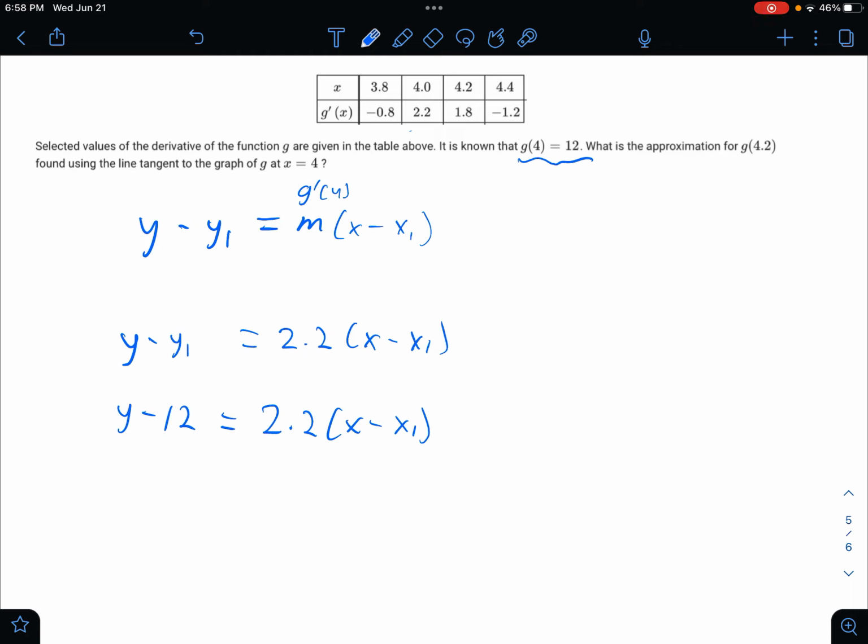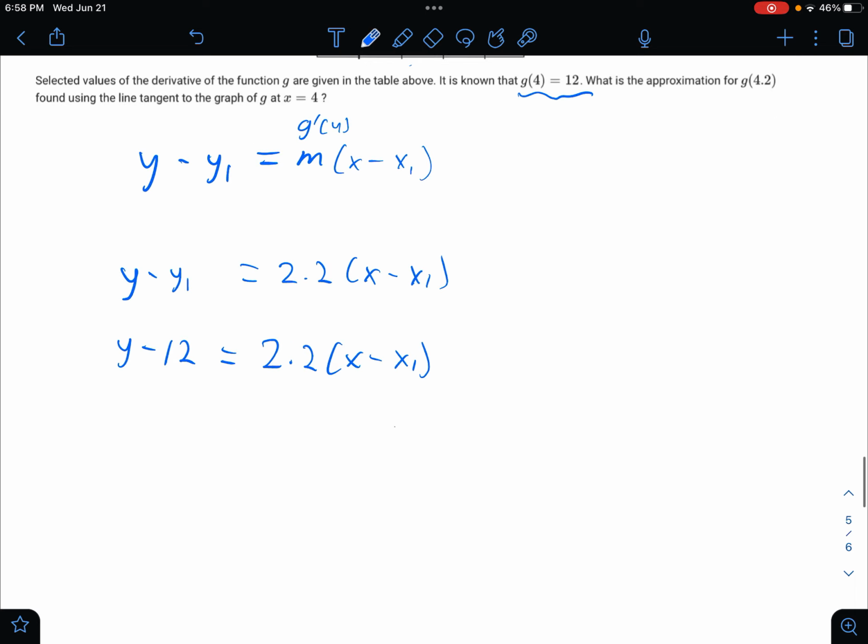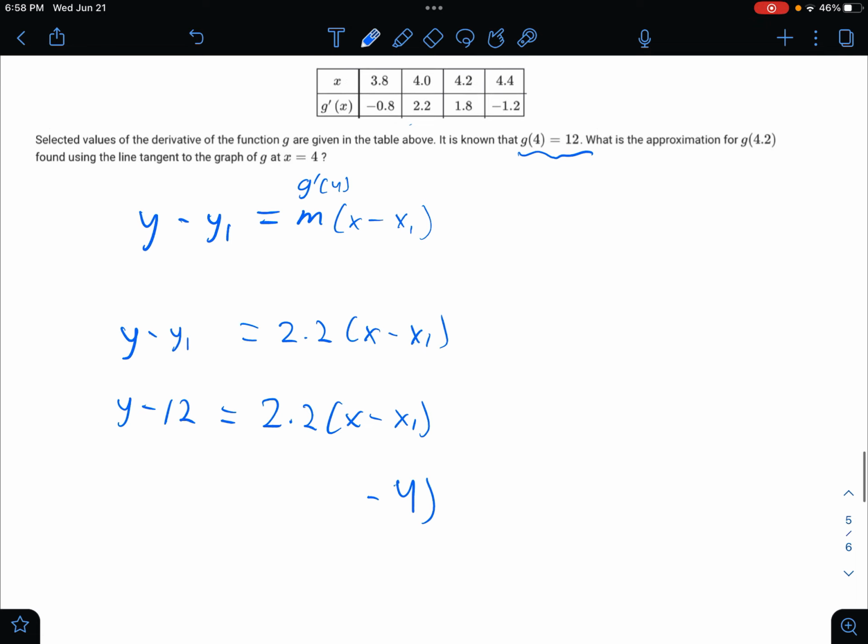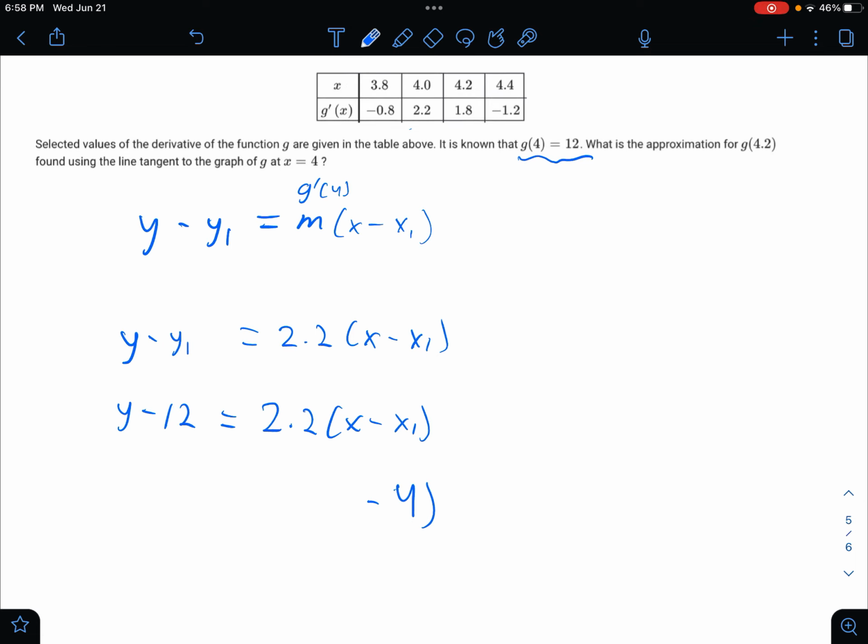Now, let's figure out what the x minus x1 is. Since we used 4 to help us approximate 4.2, we write that off as our x1 value. And as our x value, it'll be 4.2, since that is what we're trying to find out. Like, we're trying to approximate for what g of 4.2 would be. Multiply that by 2.2. And let's move the 12 to the right side. So we're going to add 12.